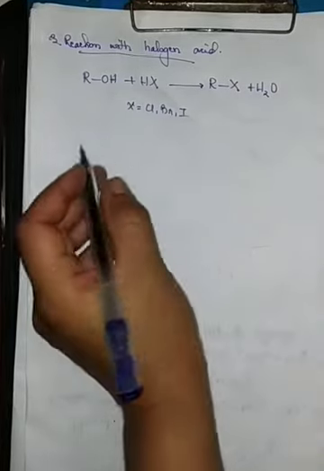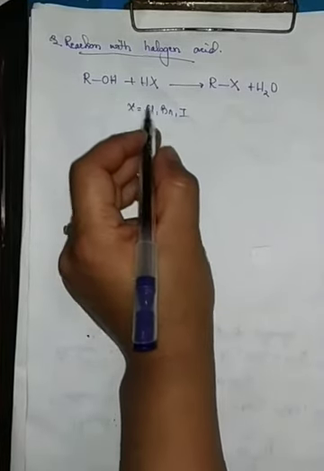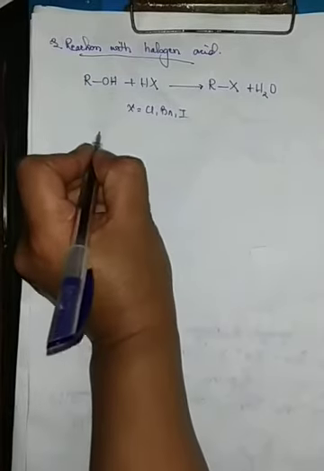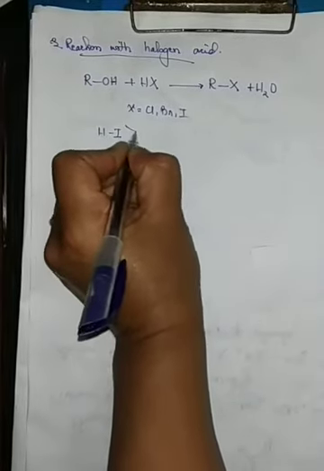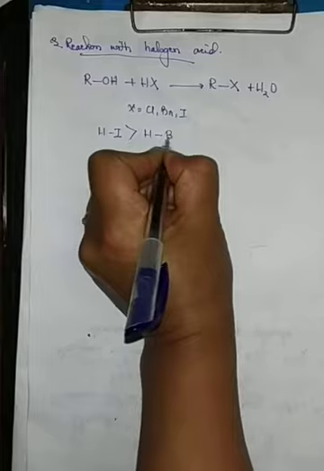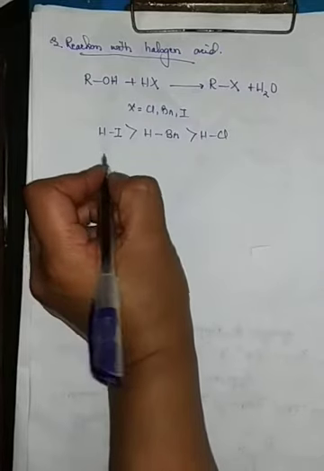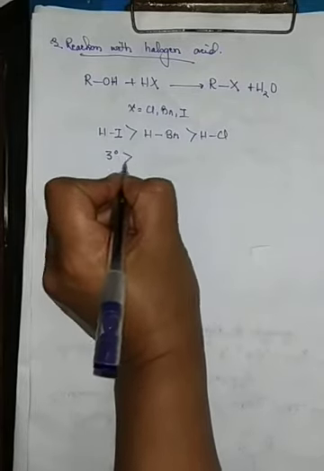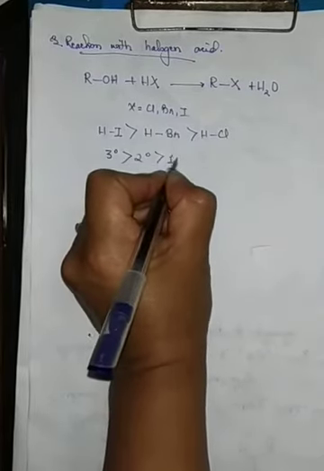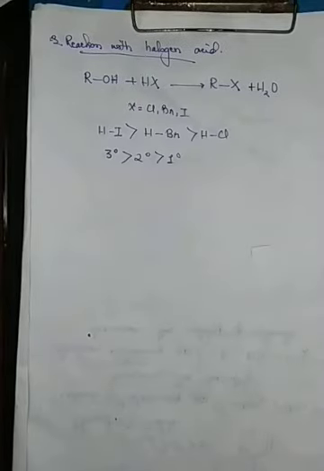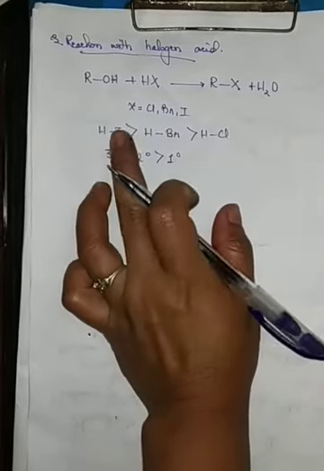Now, when we check the order of reactivity of the halogen acids, hydrogen iodide will react more vigorously than hydrogen bromide, than hydrogen chloride. And the reactivity of alcohols would be: tertiary alcohol is more reactive than secondary, than primary alcohol. Now, the reactivity of HCl is lower than that of HBr and HI.